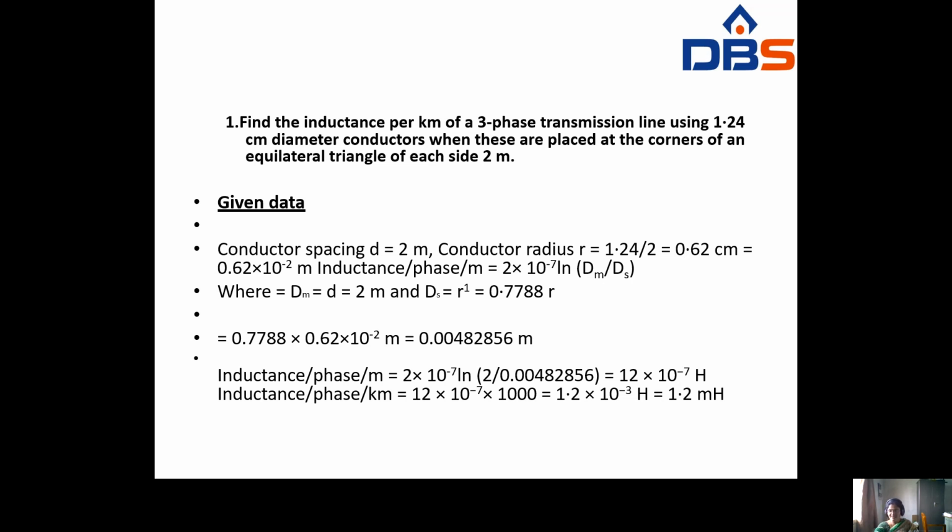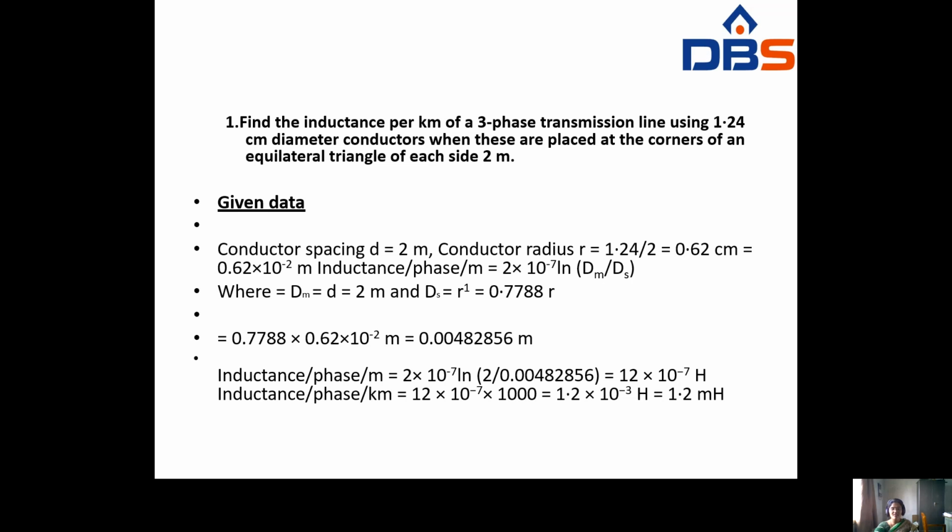So the formula is 2 into 10 to the power of minus 7 ln of Dm by Ds, that means mutual GMD by self GMD. From previous derivations, mutual GMD is equal to the distance D, which is 2 meters, and Ds is nothing but r dash.